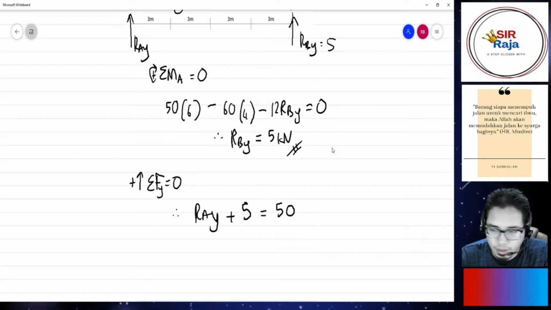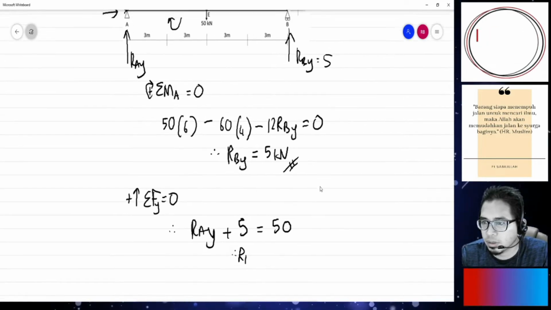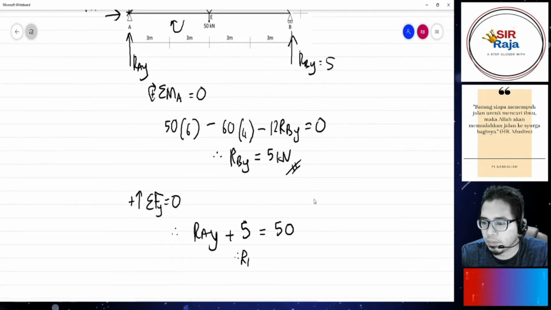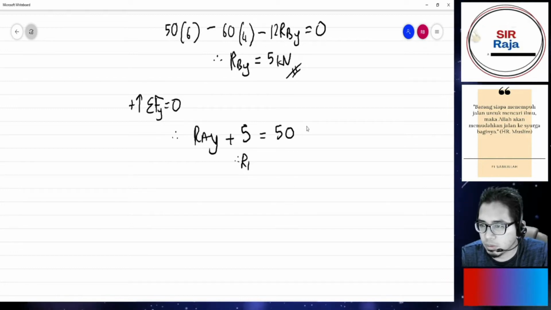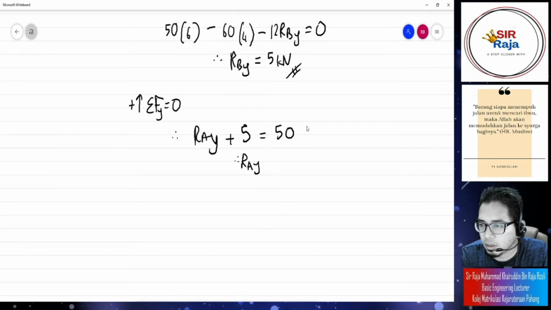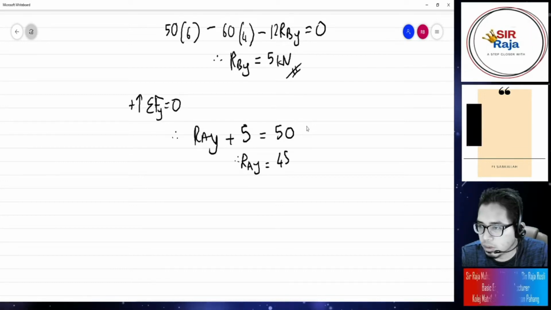Therefore, our RAY is going to be 50 minus 5, which gives RAY equal to 45 kilonewton.